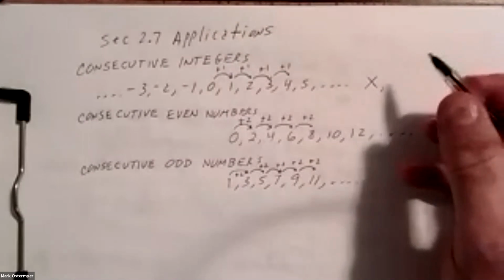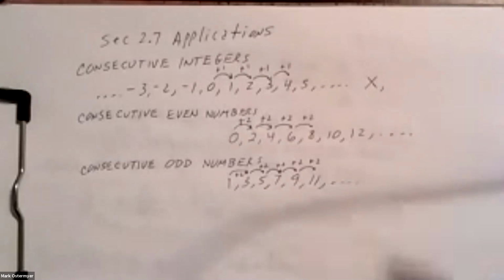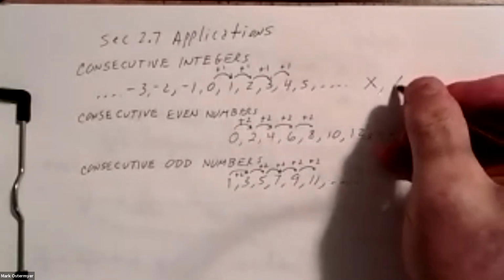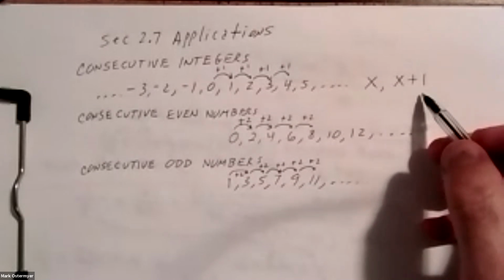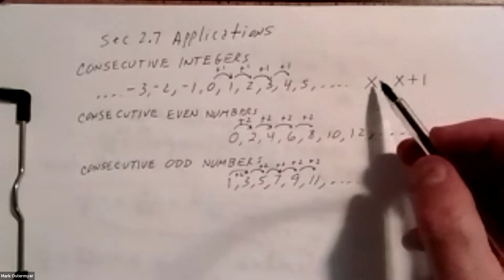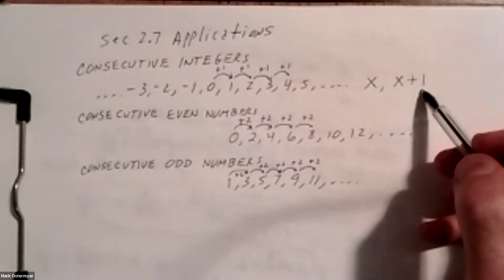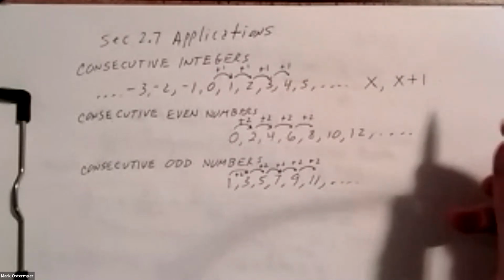If we start with some integer x, what do I have to add to it to get to the next consecutive integer? 1. So if x is an integer, x plus 1 has to be the next consecutive integer from x.